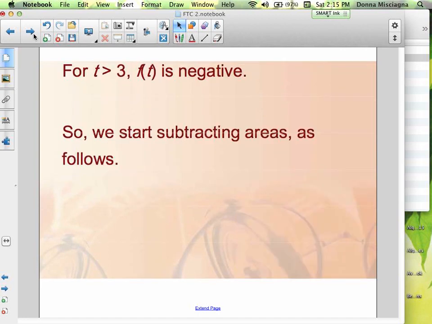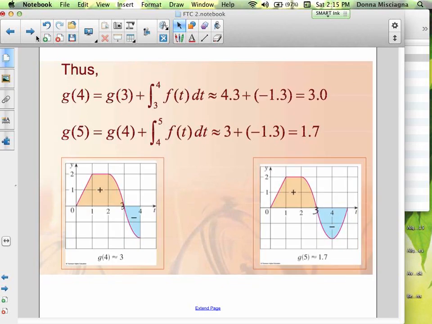Okay, so now we have to start subtracting areas because for t greater than 3, we're negative, right? We're under the curve. All right, so moving along here, g of 4 would be g of 3, so what we got for 3, minus the area under the curve from 3 to 4.